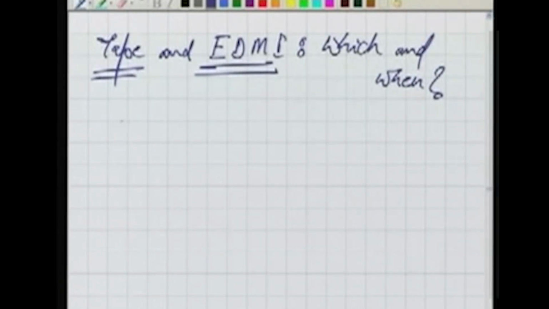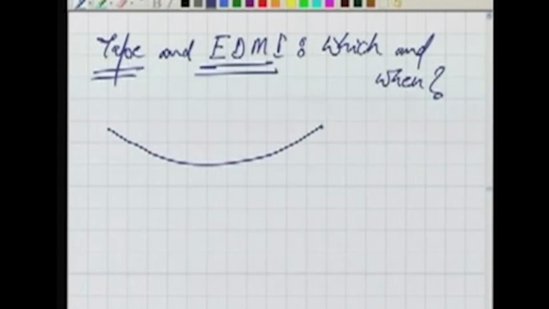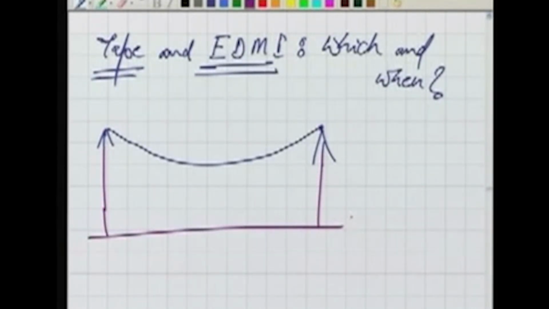In the case of the tape, we carry out our measurements on a catenary. Here we measure the difference in the elevation of these two points also, so we apply the correction for this difference in the elevation.